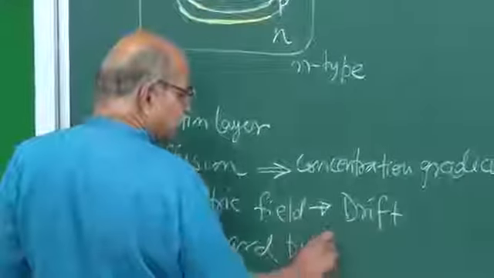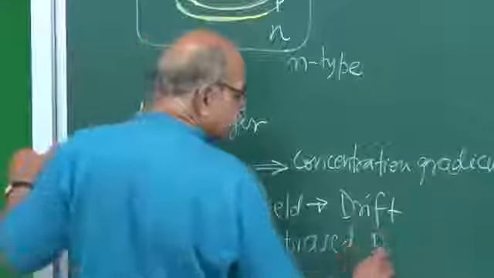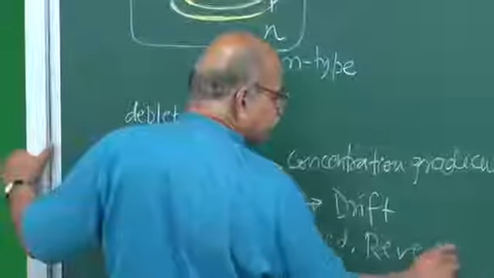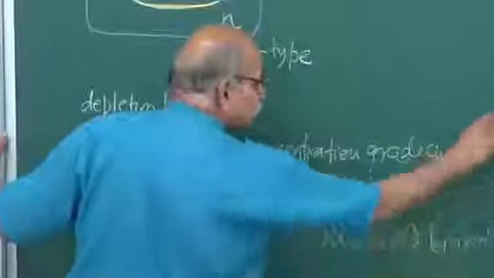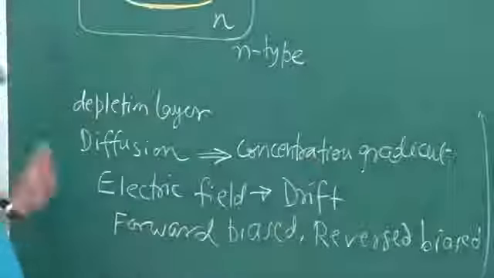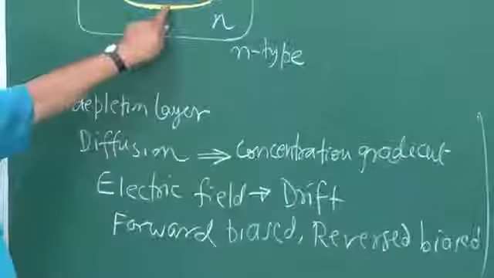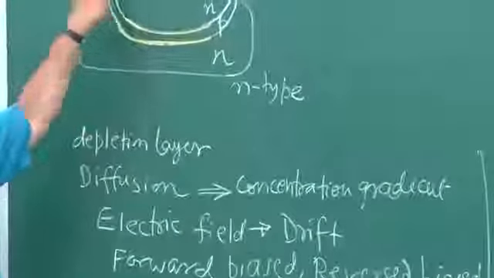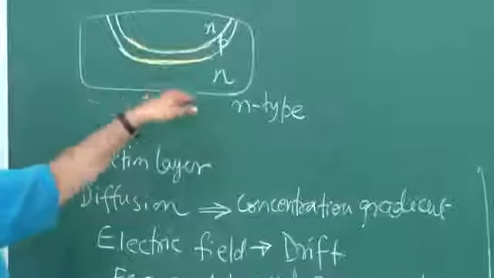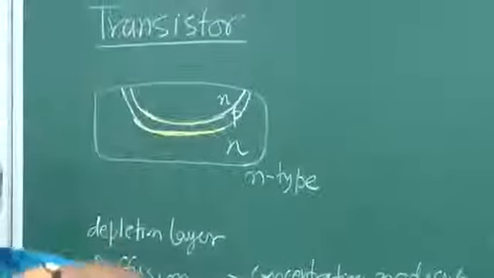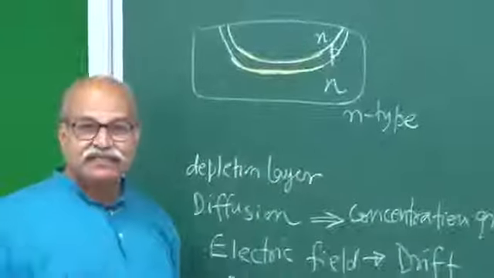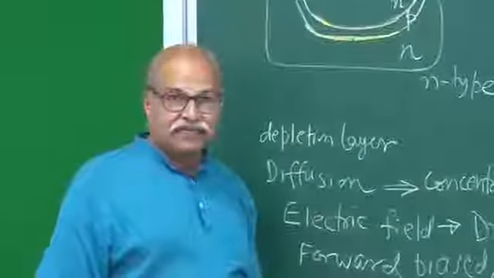So forward biased, reverse biased, all that p-n junction characteristics that we have studied will be here and will be here. And this combination becomes so important. It gives rise to a transistor, and a transistor can do many more applications than a single p-n junction.